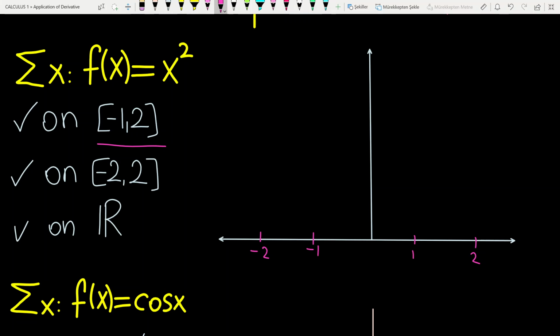So the first domain is from -1. Let me draw the function to the point 2. Okay, this is the domain from -1 to the point 2.